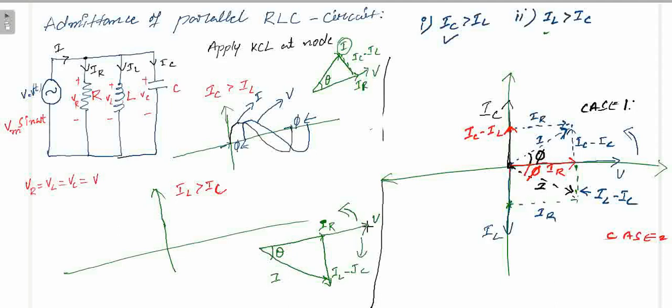So in the second case, with respect to V, this I is in this direction, so it is lagging. This waveform is for V, and this waveform is for your I. So here the voltage is leading the current by an angle of phi.